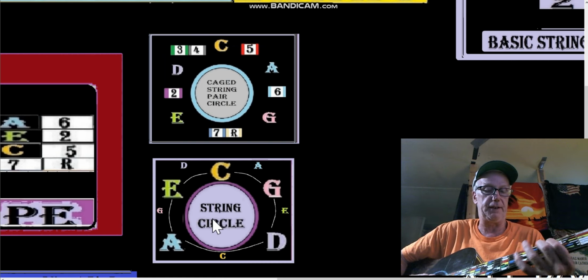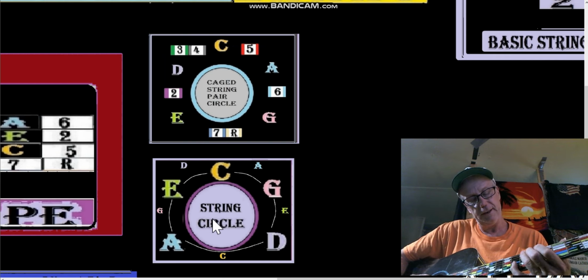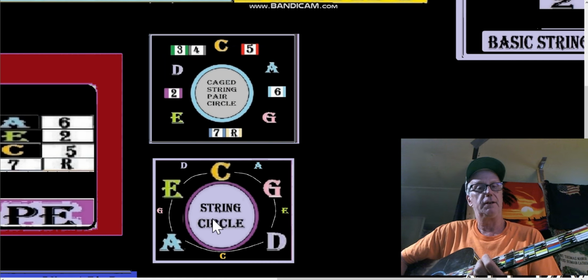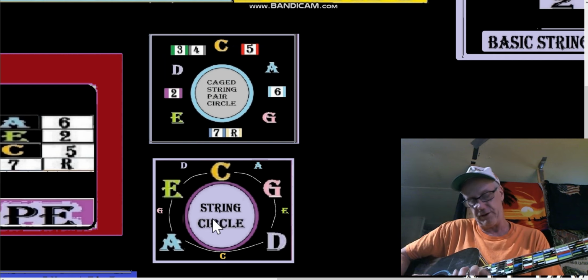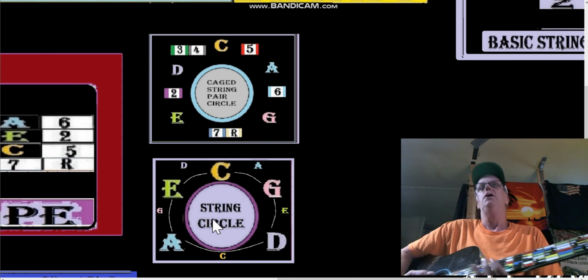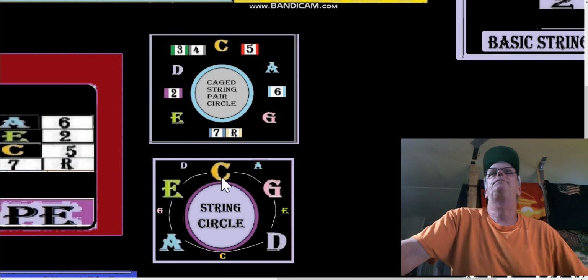So you got C, then A, but after A comes G. So it's string shape C, then string shape G, which is the fourth. And then you skip the E and you go to the D. The fourth of G is D. So the string shapes go.